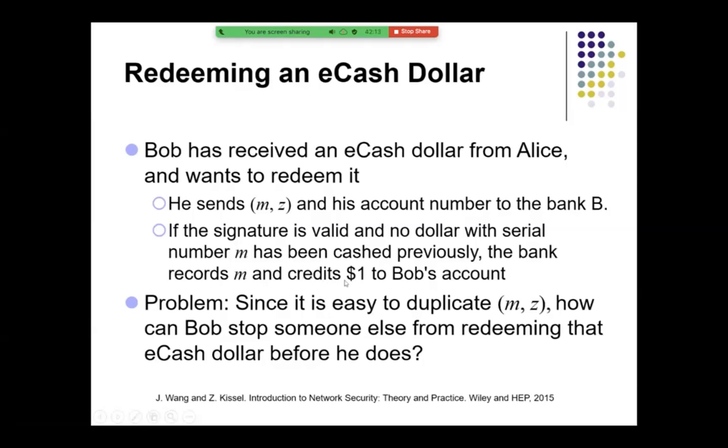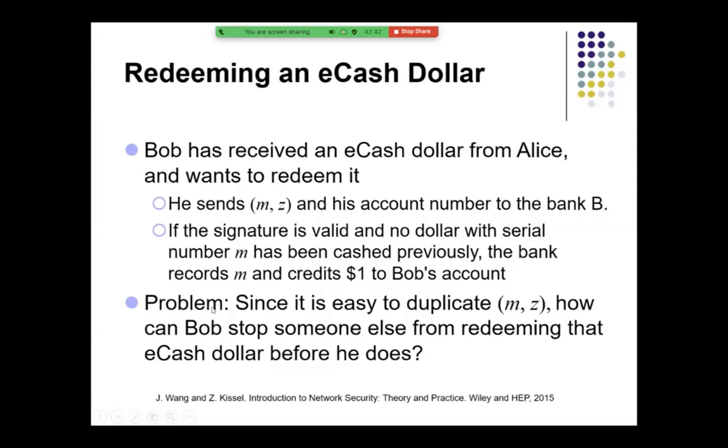And then, of course, it credits Bob's account by $1. So as you can see here, blind signature is used to ensure anonymousness of the Ecash dollar and untraceability.